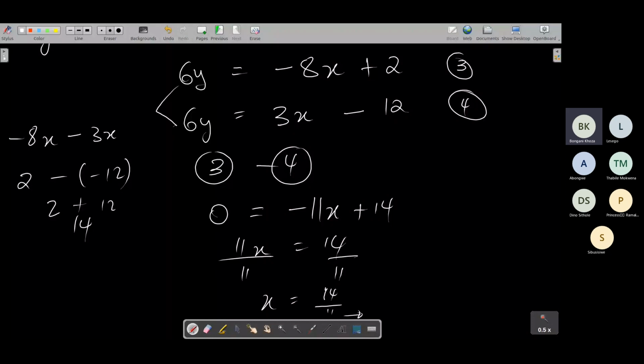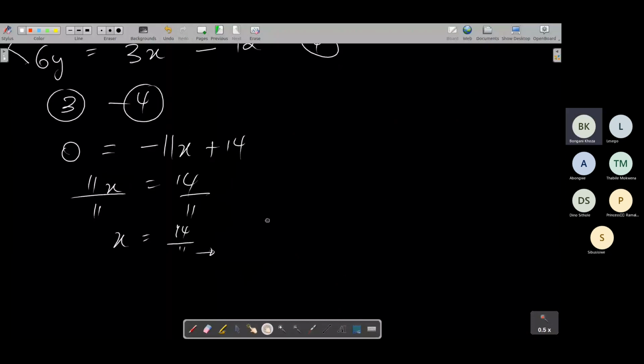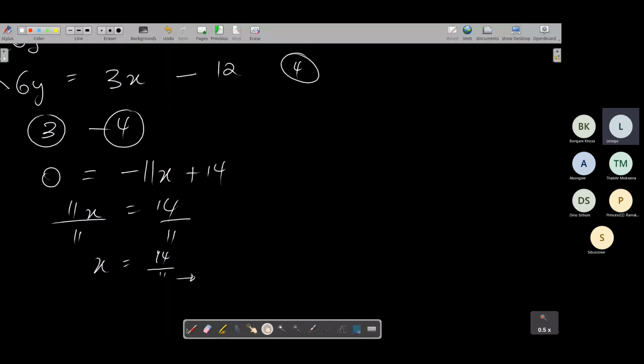Then what do you do? We have now your x value. What do you do with it? We substitute. So sub x into which equation? 1, 2, 3, or 4? Anyone you want. 1. So substitute into 1.